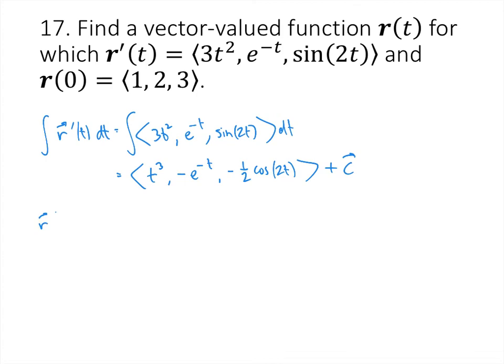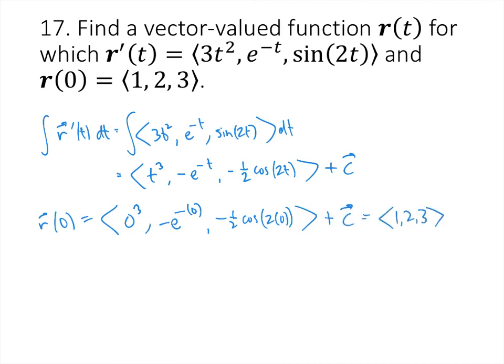Now we're going to use the fact that r of 0 is 1, 2, 3. So we plug 0 into our function and set that equal to the vector 1, 2, 3. 0 cubed is 0. E to the 0 is 1, so we get minus 1.